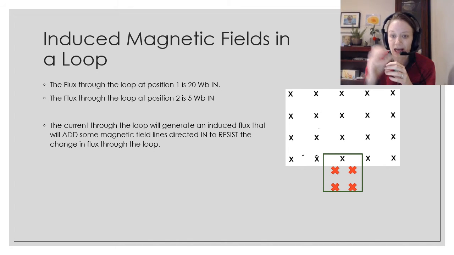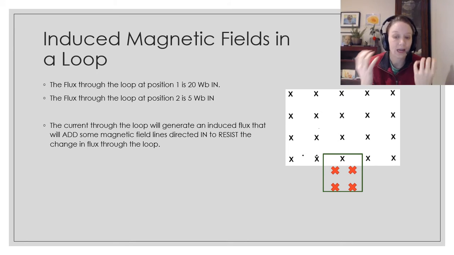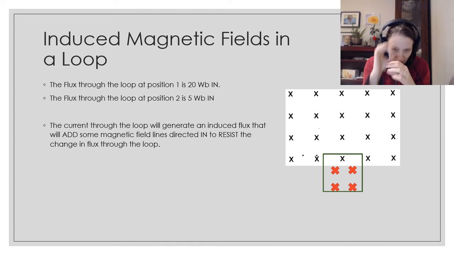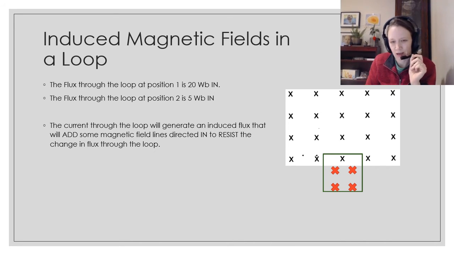So we had less in as that thing slid out, and therefore the current is going to create a magnetic field in the space of the center of the circuit that is directed in, to basically try to bring it back up to where it was when the whole loop was inside the magnetic field. We'll go through a few more examples of that.